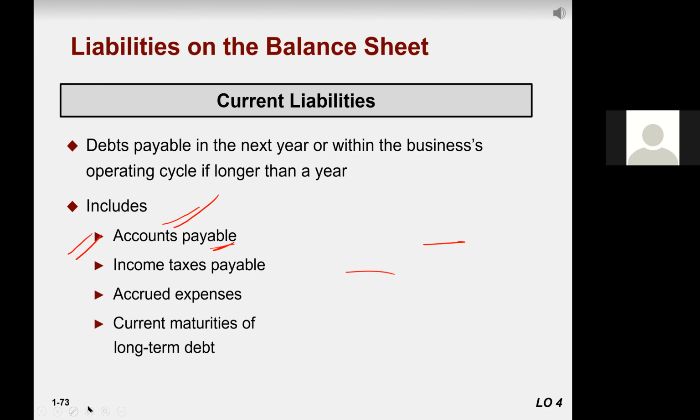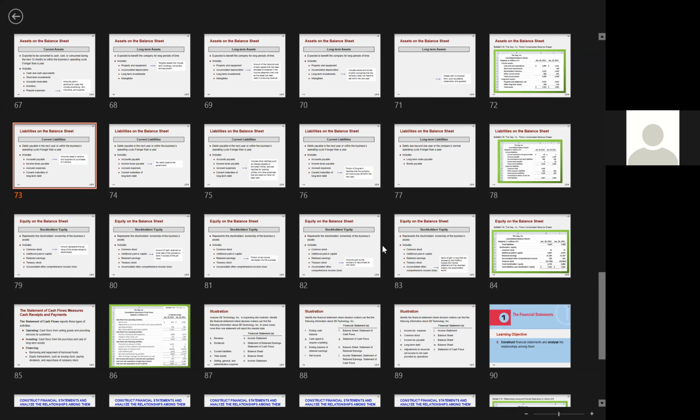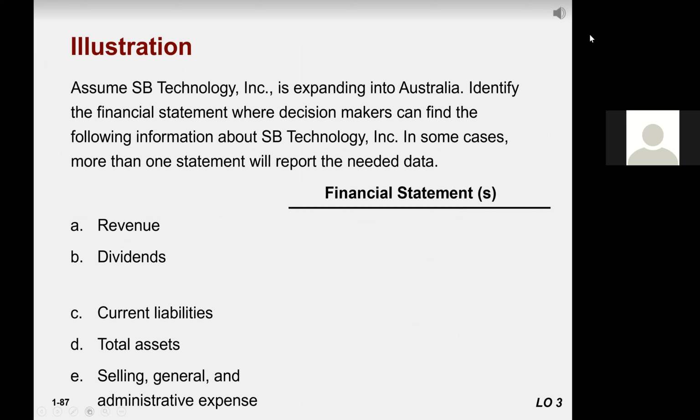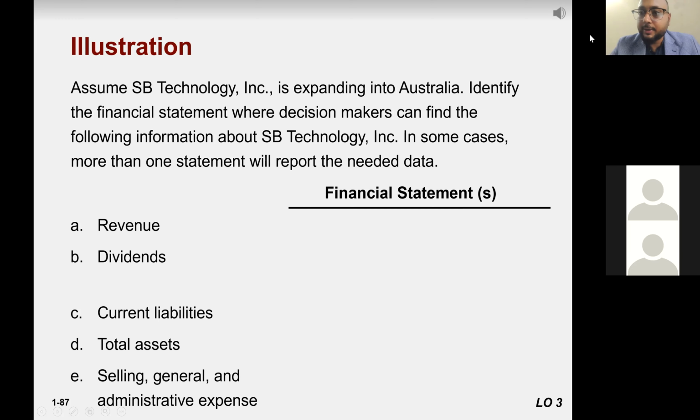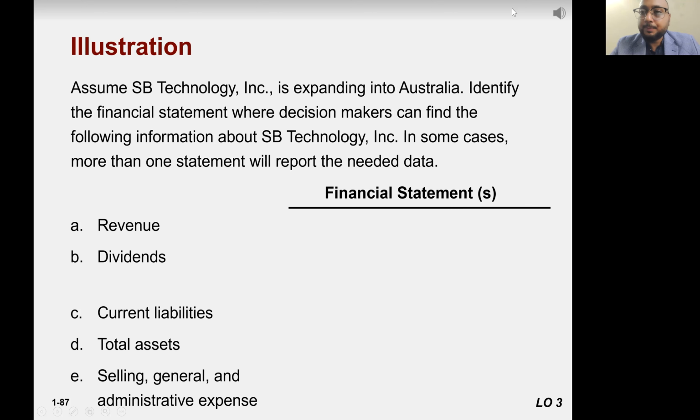Okay, let's go back. Now it's time to test your knowledge. This is the concept checker. The illustration assumes that SB Technologies Incorporation is expanding into Australia.